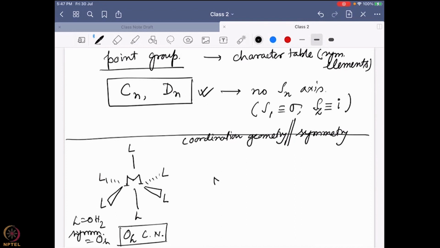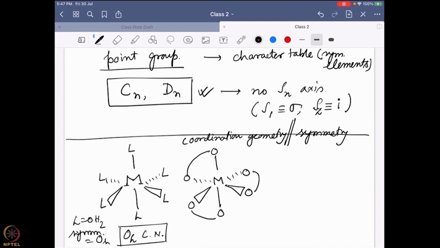But now say I took the same molecule with octahedral geometry, but instead of water, I have oxygens over there, and the oxygens come from carboxylate groups. So it is an oxalate group, 2 carboxylate groups connected to each other, and now say they're connected.